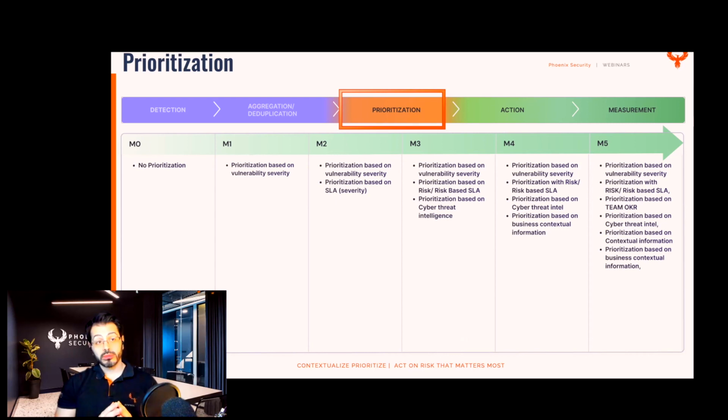Where before, the same vulnerability with a criticality of level 10 was treated the same, with 3 days and 3 days, for example.